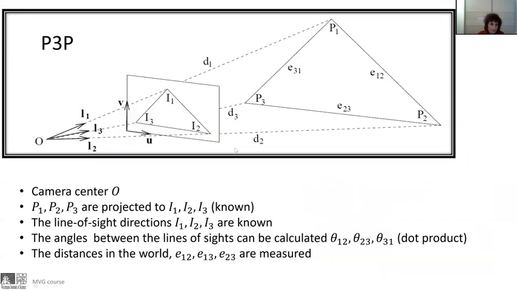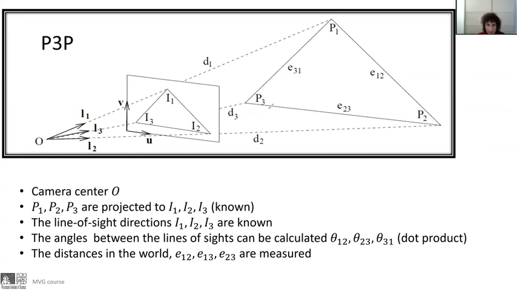What does it mean? Okay, let's try to focus on this illustration. So this is the camera center. I have some camera center. This is the camera center of my single camera that I have. Somehow I have the measure of 3 points in the 3D world, P1, P2, and P3.